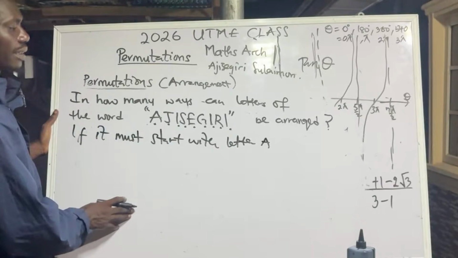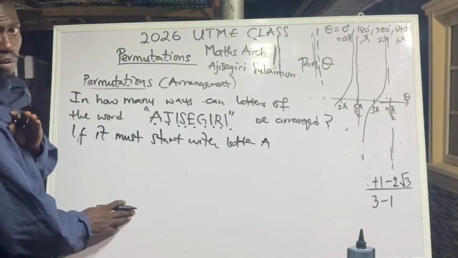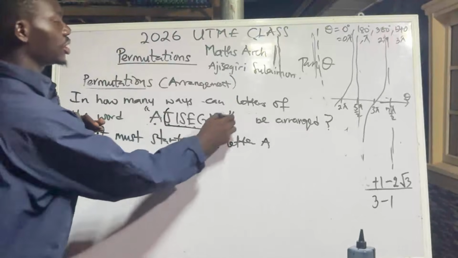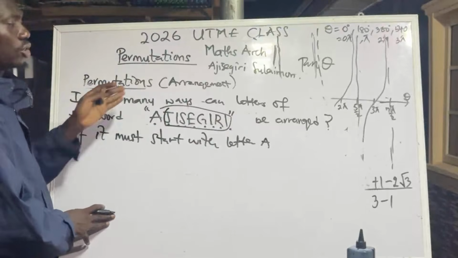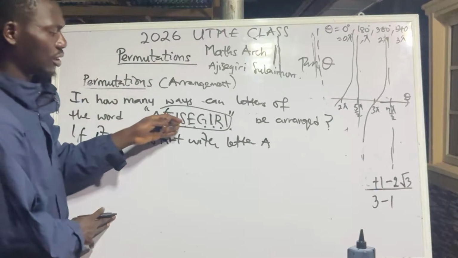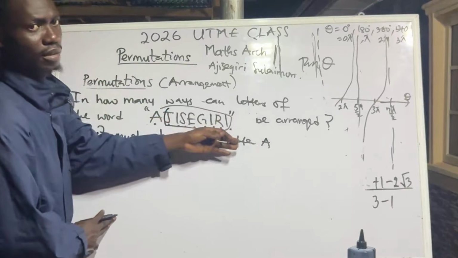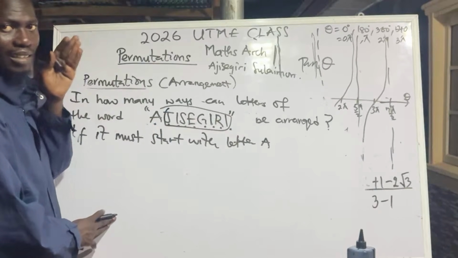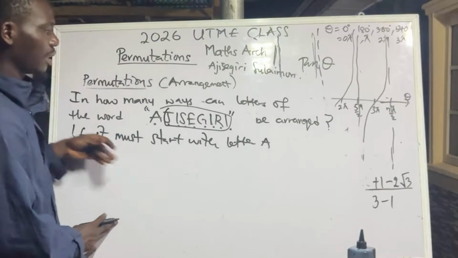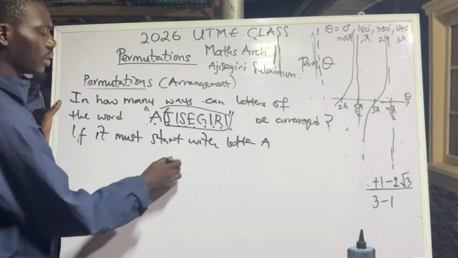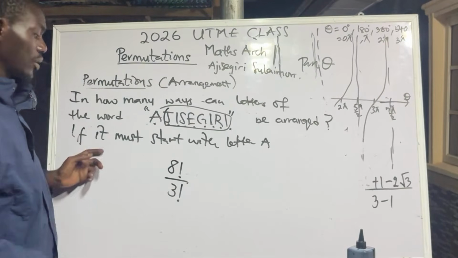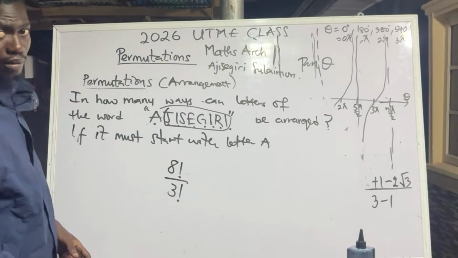If it is starting with letter A, that means we already know the position of A. What is left for us is to arrange the letters J, I, S, H, E, G, I, R, I. That's the meaning of if it must start with that letter. And that will just be 8 factorial over 3 factorial.